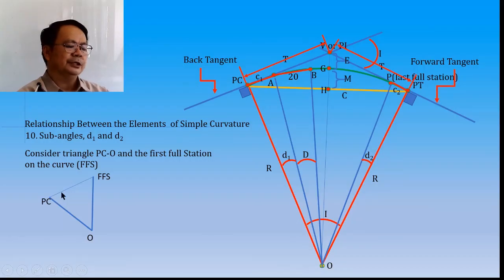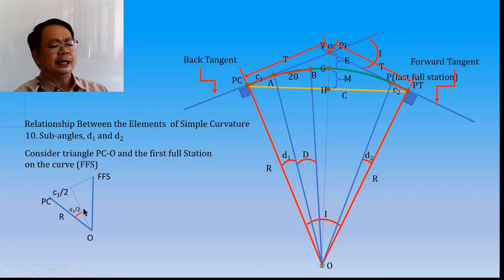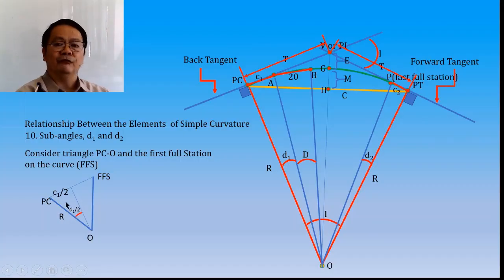So, this distance will be C sub 1. Yan. Pakita natin. Yan, C sub 1. Kaya yung kalahati niya will be C sub 1 over 2. Okay, the distance from PC to O will be equal to R, and the angle subtended will be D sub 1. Kapag hinati natin yan, will be D sub 1 over 2.